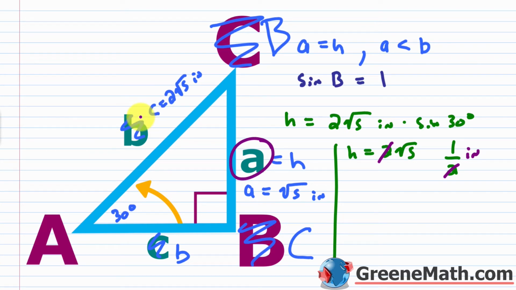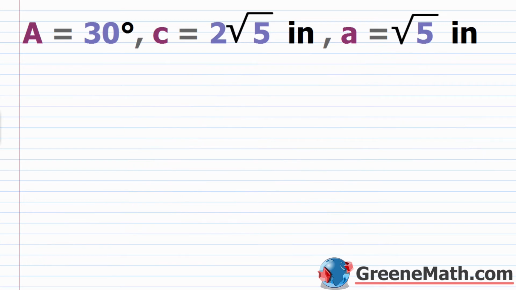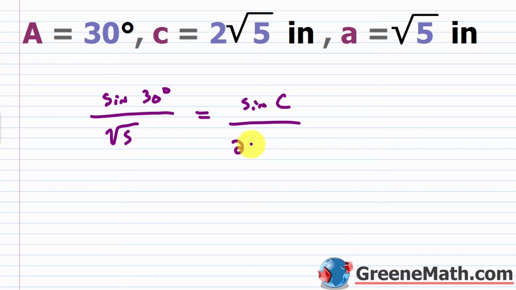Now, in this particular case, you could also show that the sine of this angle, in this case the angle C now, is equal to 1. So let's go down and think about this. Again, you use your law of sines. You could say that the sine of 30 degrees over the square root of 5 is equal to the sine of C over 2 times square root of 5.